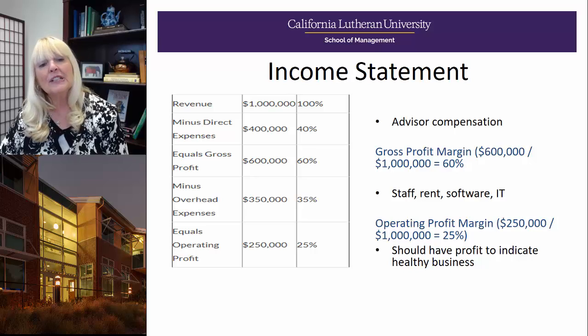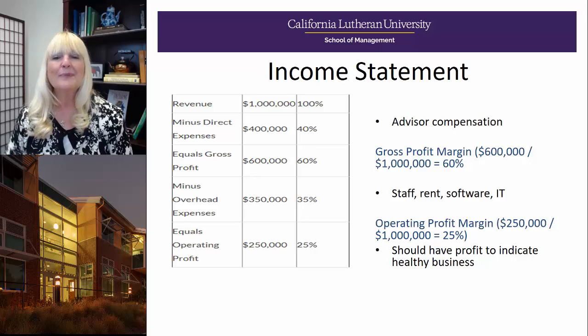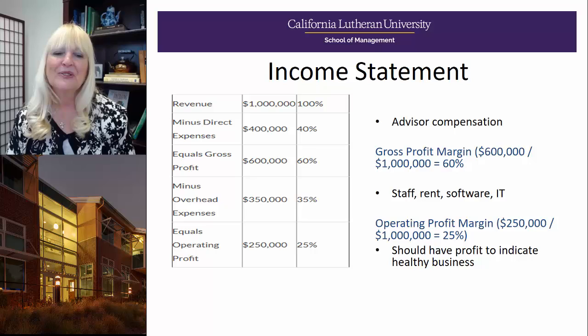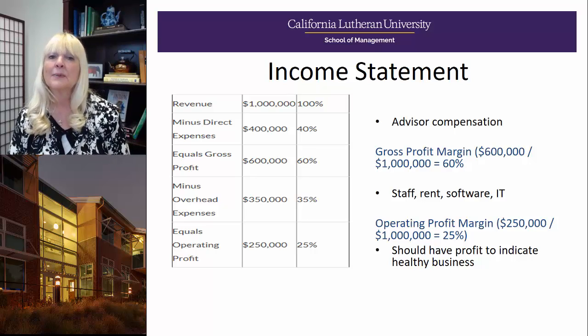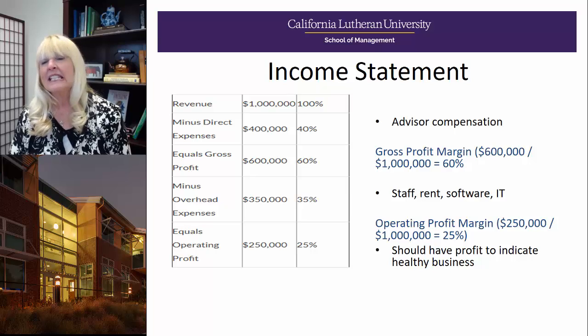So if you're looking to keep an eye on how your numbers are doing, you might want to put together an income statement similar to this, where you look at your revenue, you subtract the direct expenses that we talked about, then you're going to look at the gross profit and determine how much your gross profit is.